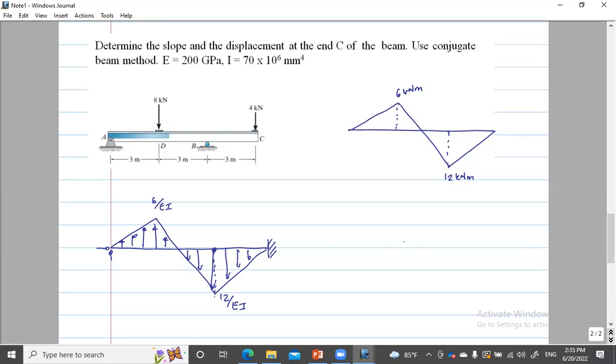So now we need to take this part. We can break this into two. So here we have RA, HA, here we have RB. So that RB is going to be a load here, RB plus.